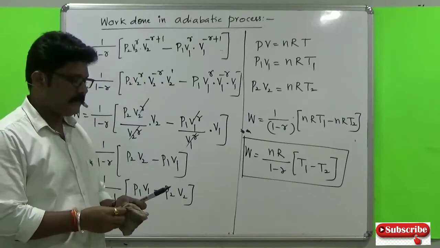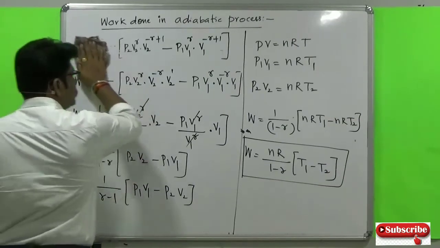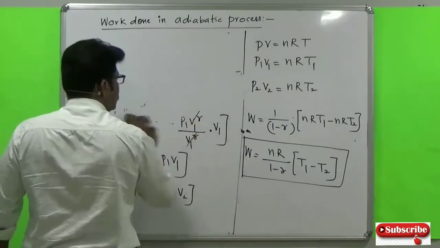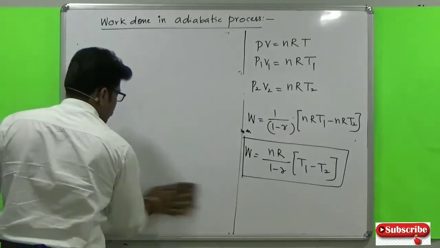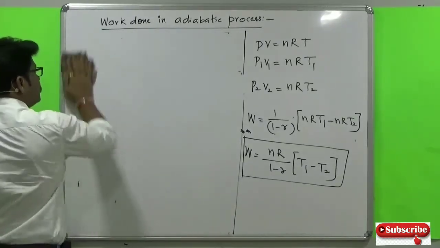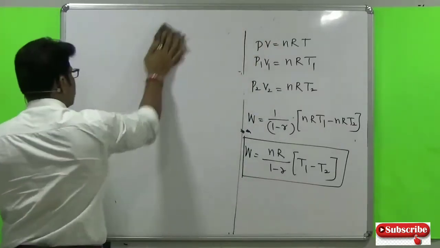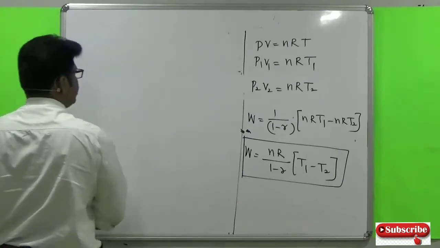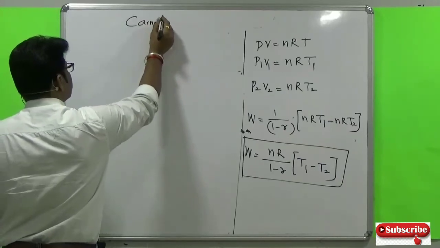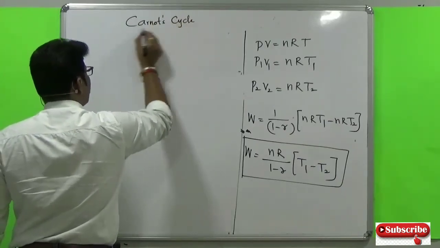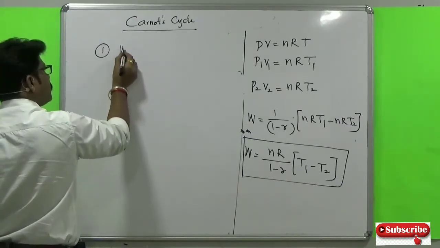अब क्या क्या सीखा? एक बार just will write it. So in this class, what we learn, एक बार revise करेंगे. To learn now Carnot cycle के लिए, Carnot cycle or Carnot engine. First one we discussed work done in isothermal process.